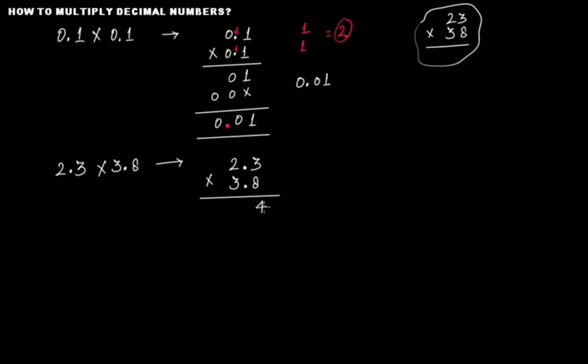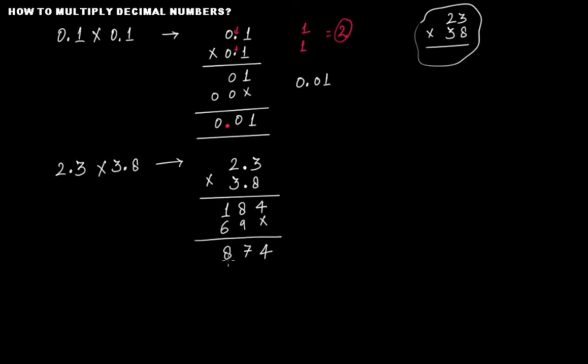So 8 times 3 is 24, 2 gets carried over here, and 8 times 2 is 16 plus 2 is 18, and then 3 times 3 is 9, and 3 times 2 is 6. When you add these, you get 4, 17 here, and 8 here.